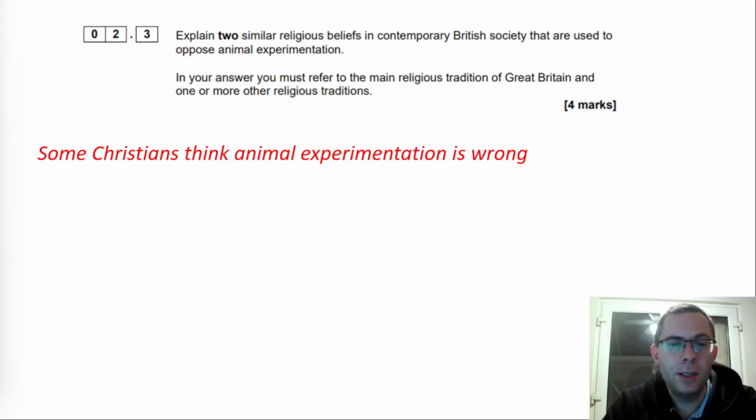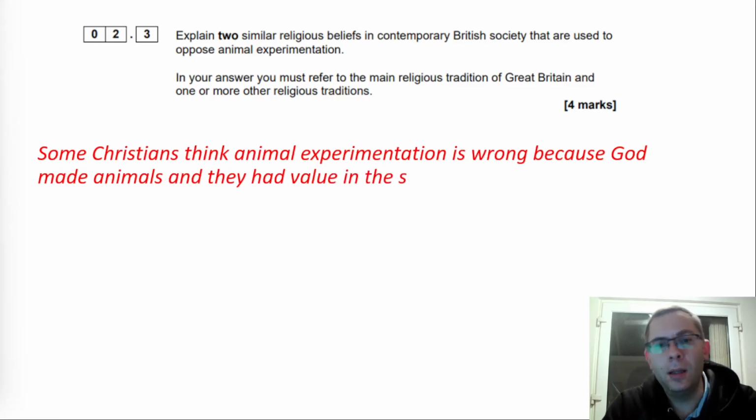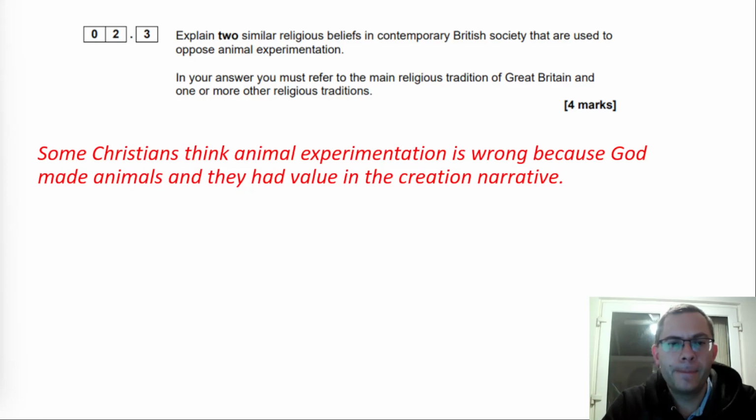Please note it does need to be against, doesn't it? Because God made animals and they had value in the creation narrative. Okay, there are 2 points in that. I am just going to expand that first point deliberately.